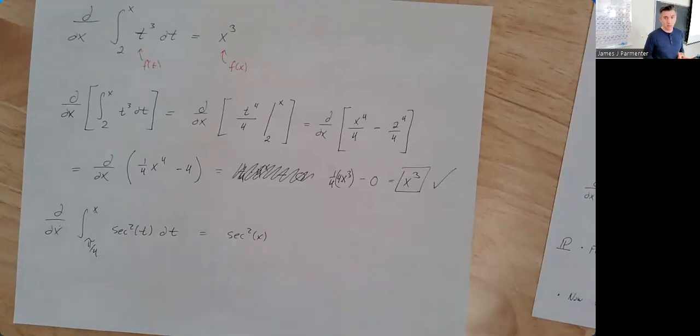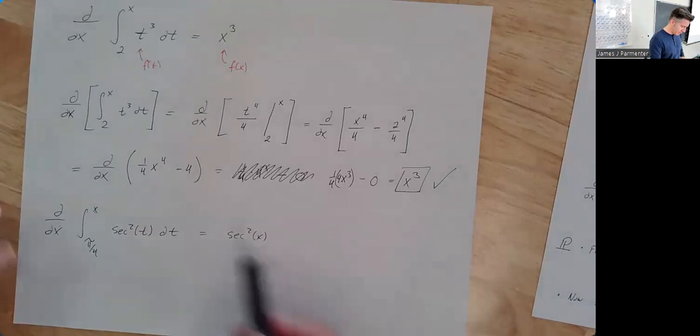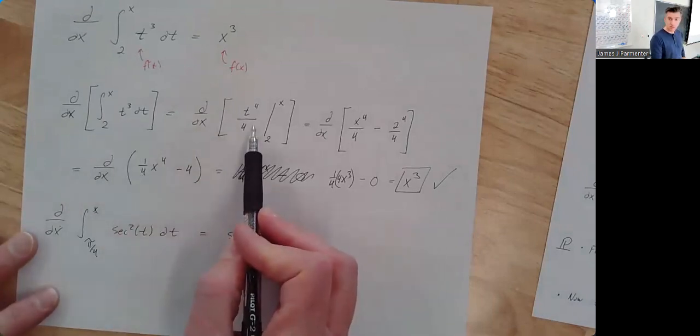I do like seeing the work. Wait, can you explain how you got the second step again? Yes. Sorry, by the second step, do you mean like right here? Cool.